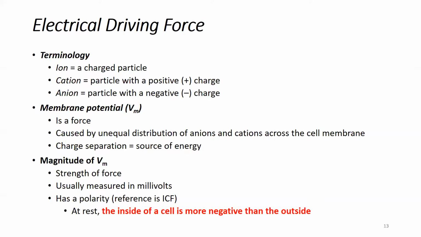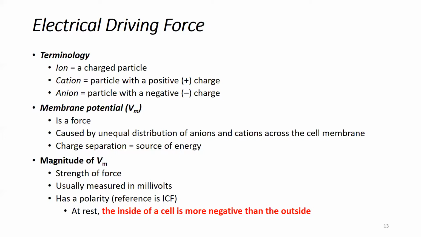Does anyone know what the resting membrane potential of a cell is? Negative 70 millivolts. And what does that negative 70 mean in terms of what we just said? Who can explain what that negative 70 actually translates to mean? Anyone?